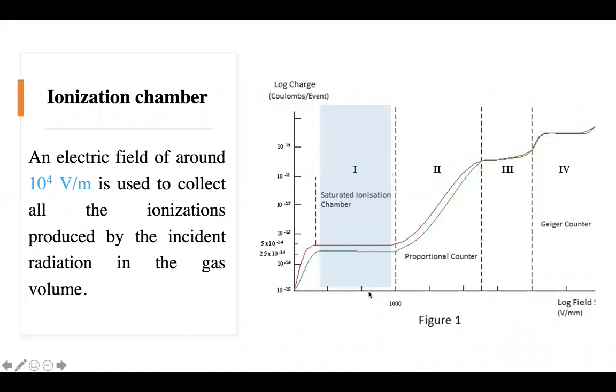When you change the voltage in this area, it will not make a difference, so we call it the saturation area as well. You can see the name, saturated ionization chamber, because whenever you change the voltage in this area, it will not make any difference, because all the ion pairs produced by ionizing radiation are collected completely.